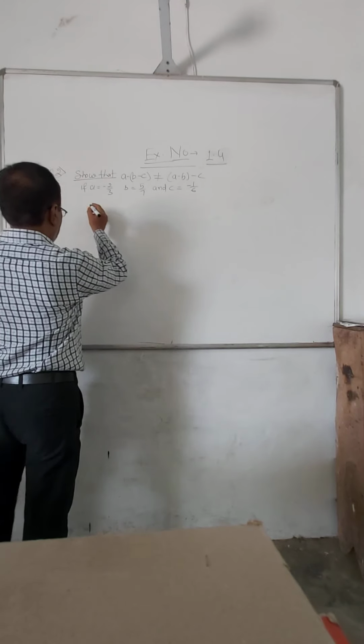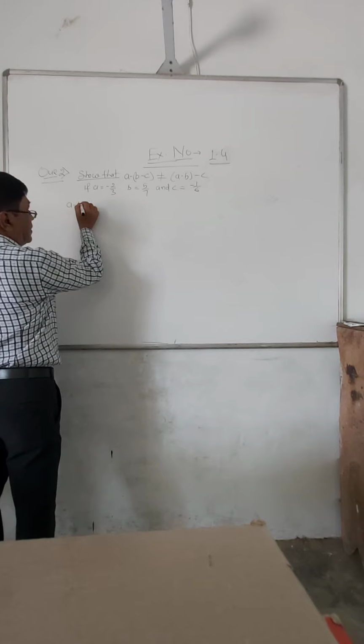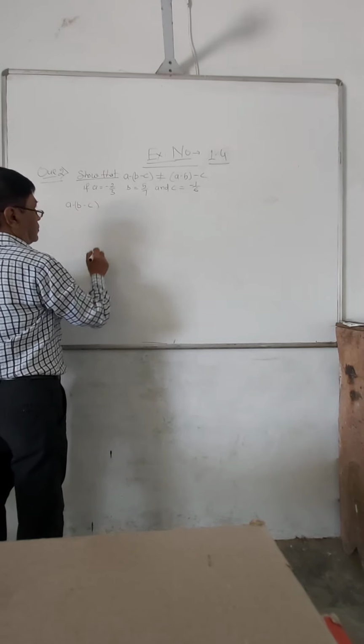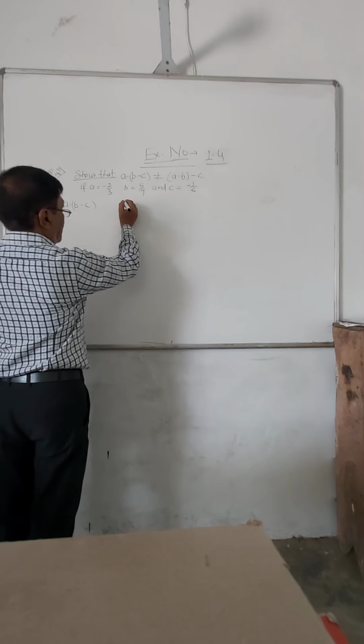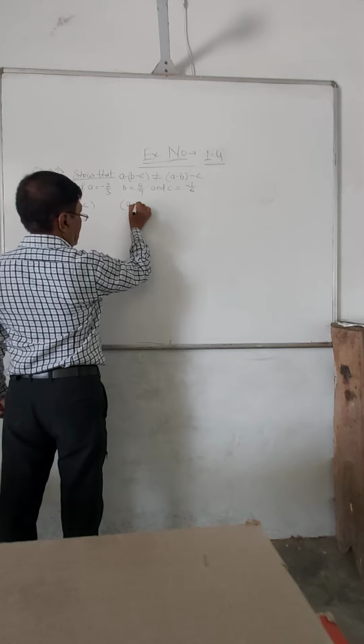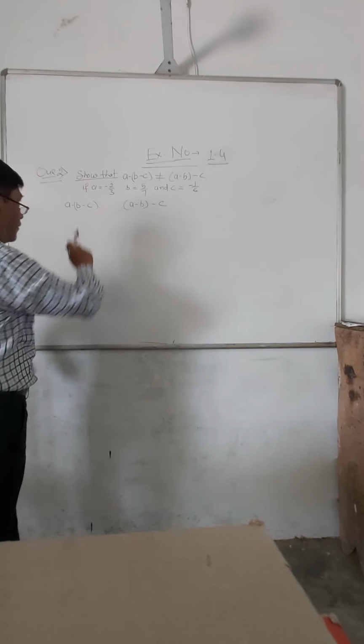So first find out a minus (b minus c) and (a minus b) minus c. Put in the values of a, b, c.